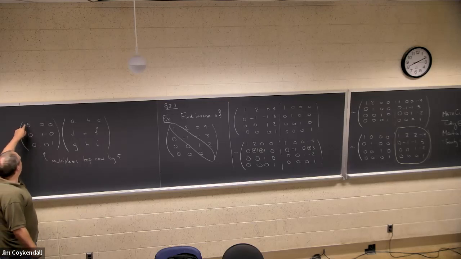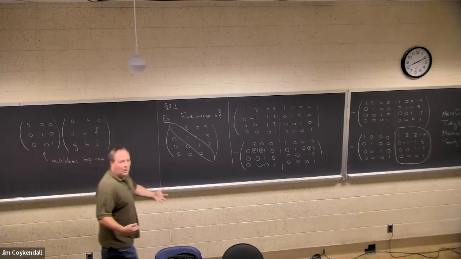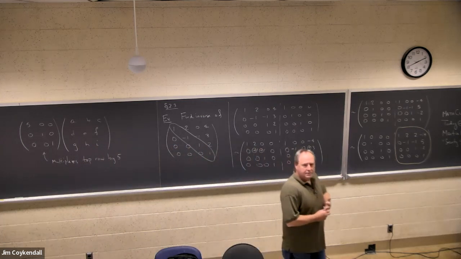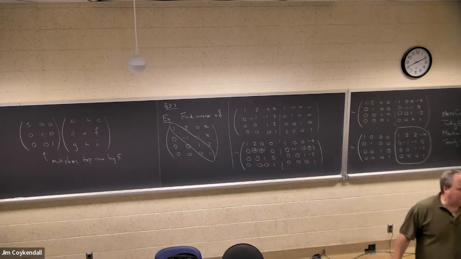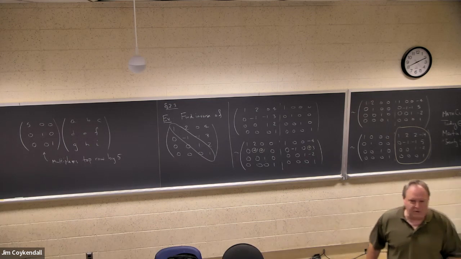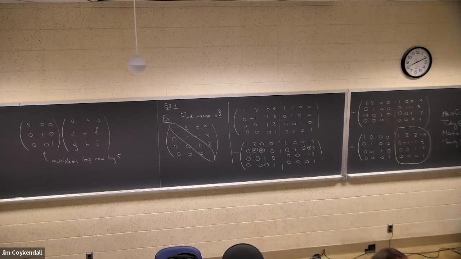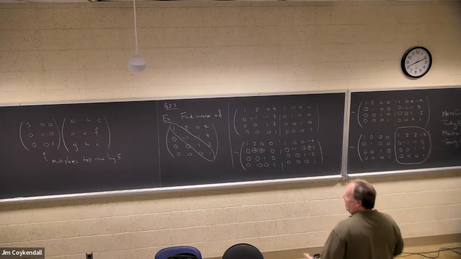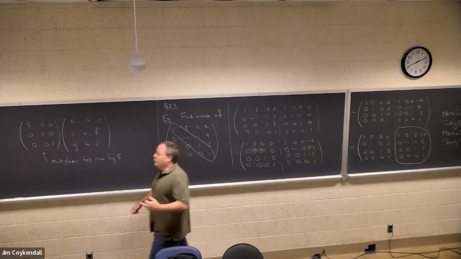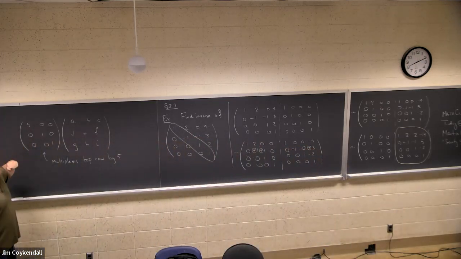What do you suppose it would be if I had the 1 there and the 5 there? What would it be doing? It would multiply the middle row by 5. Let me ask you a question. Is the matrix 5 0 0, 0 1 0, 0 0 1 invertible? Sure it is, because it's upper triangular and it has no zeros on the diagonal.